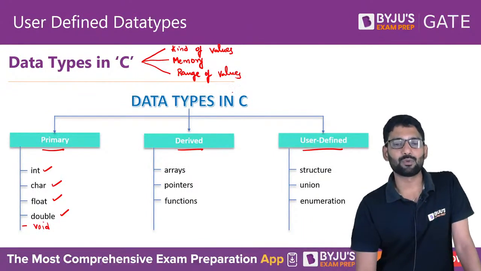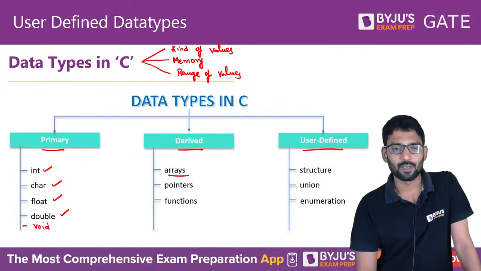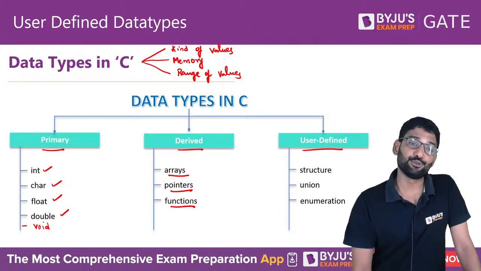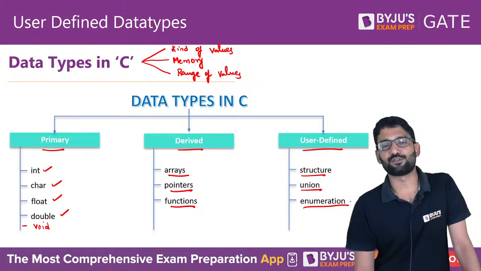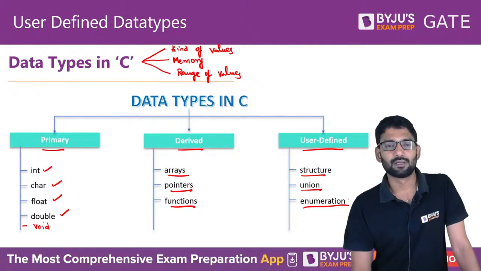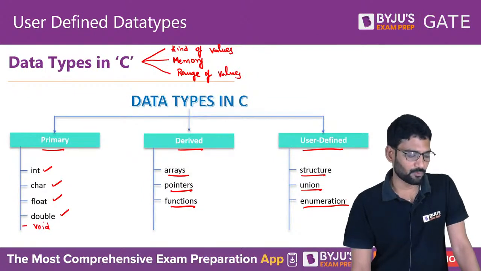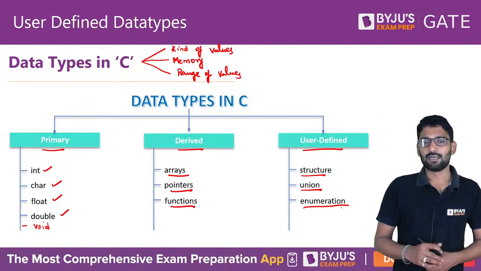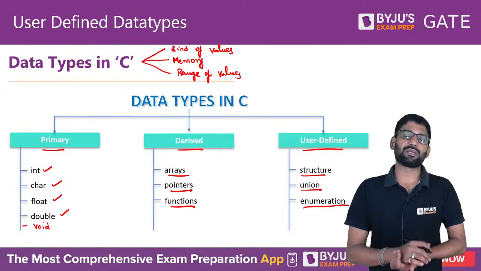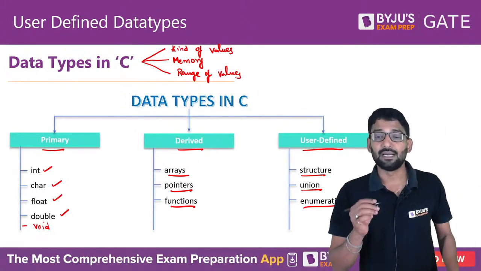Under derived, we have arrays, pointers, functions. Under user defined, structures, unions, enumeration.